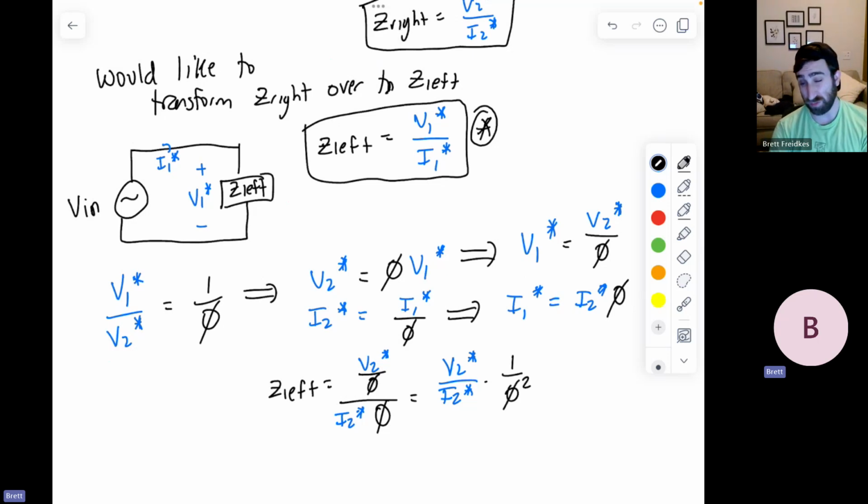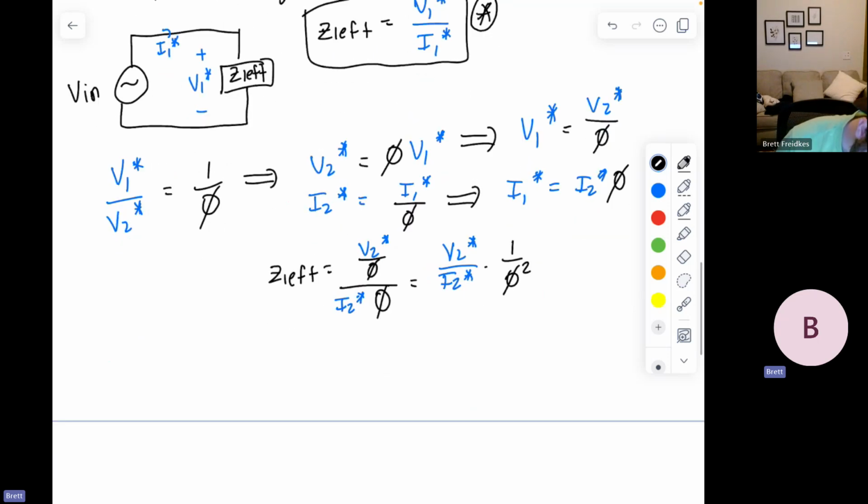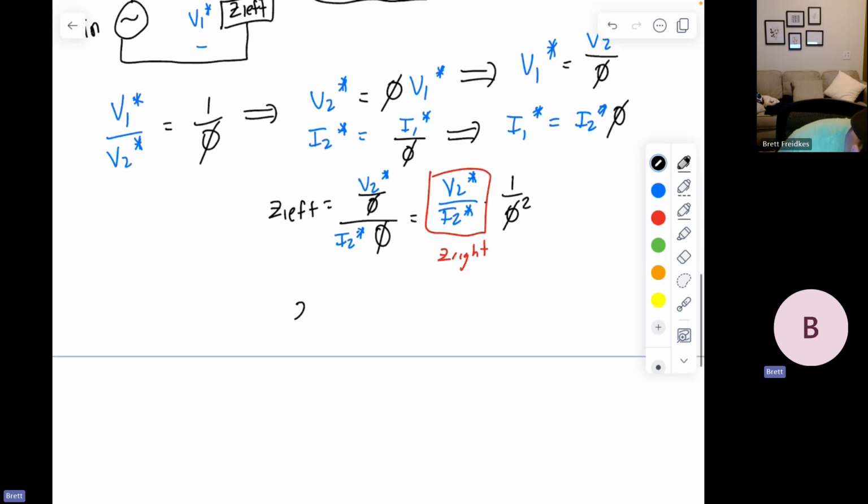Those phis don't cancel. If you were to divide fractions the long way, keep, change, flip, you'll see that both those phis end up in the denominator. And the question is, what is this? This is Z right. So Z left will end up being Z right divided by phi squared.